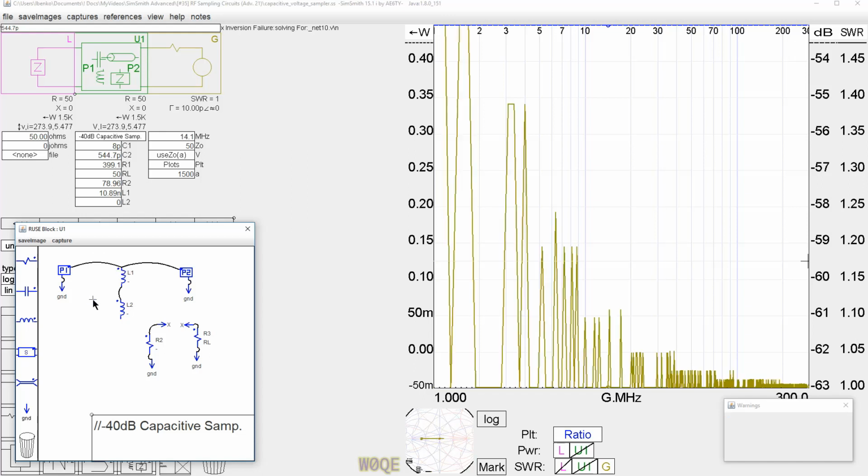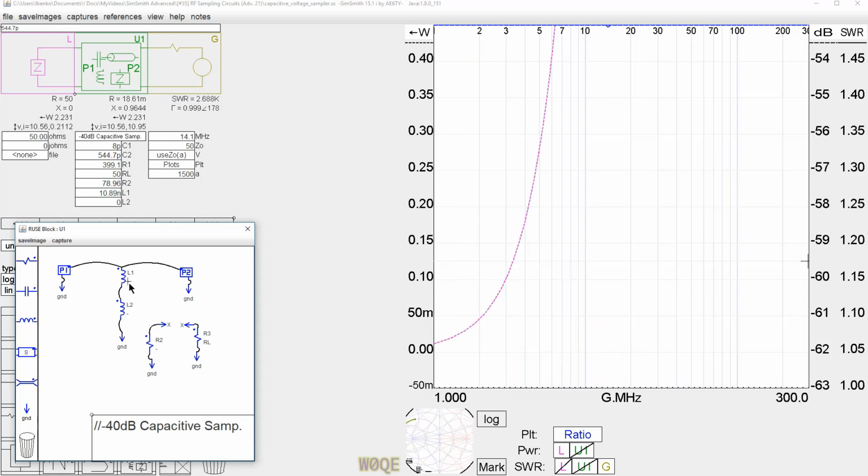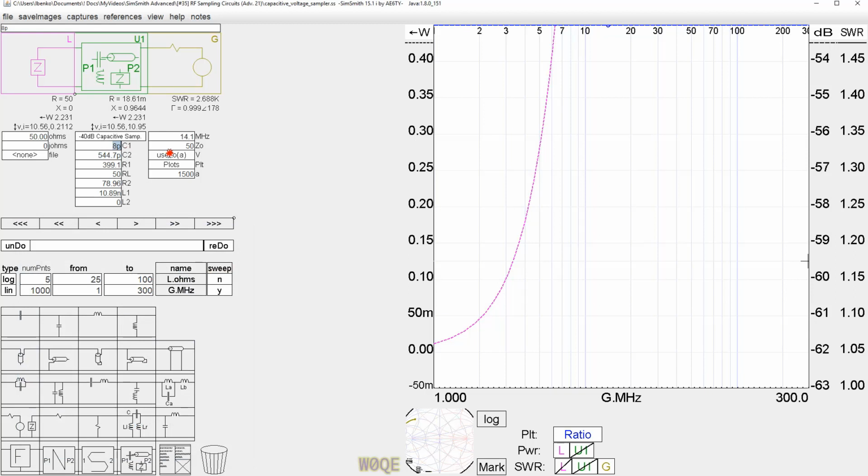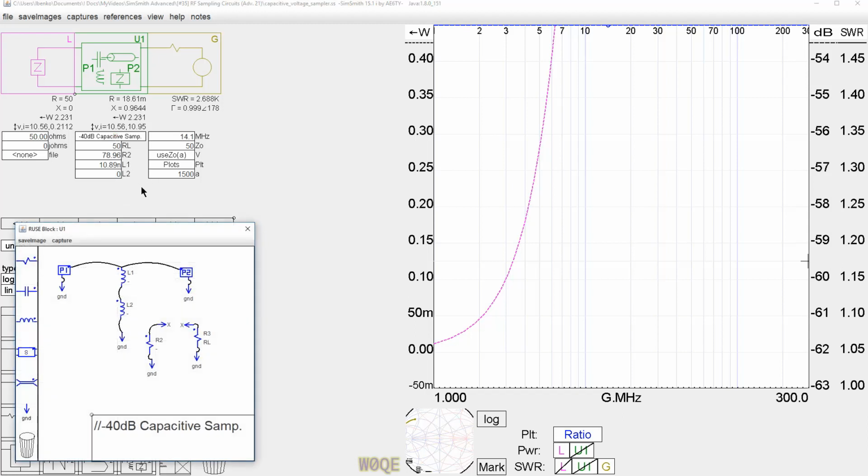Two inductors. Turns out the first inductor needs to be relatively large. Let me get rid of some of these other components that are still hanging around from the last circuit. Okay, R2 is still there. We'll get rid of R2 also.